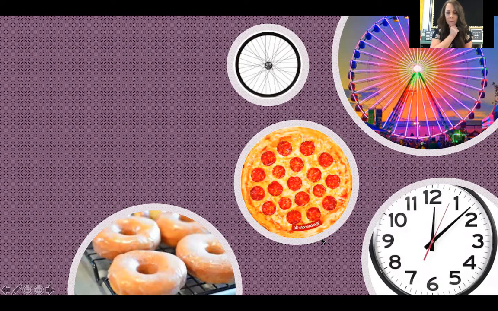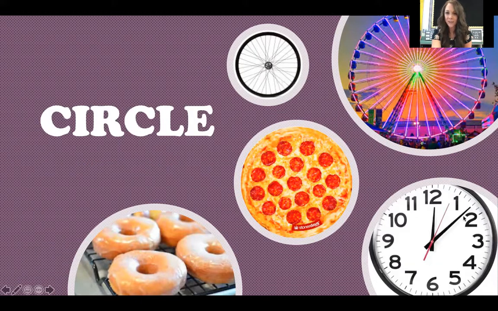Does anyone remember the name of the shape that has no straight sides and only one curved or round edge? It's a circle. You are exactly right. All of these objects are circles that we see every day. Very good. All right, let's look at our next shape.